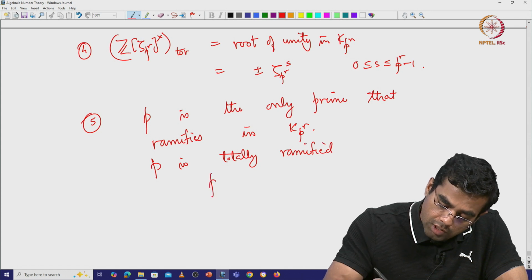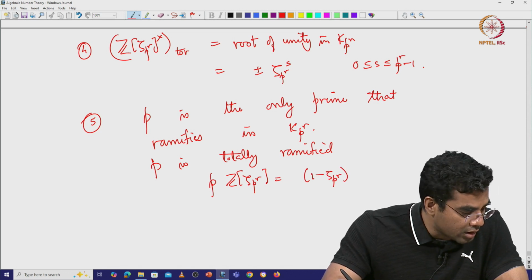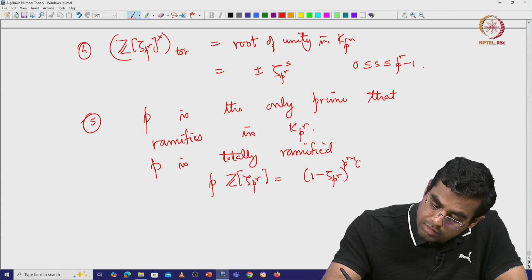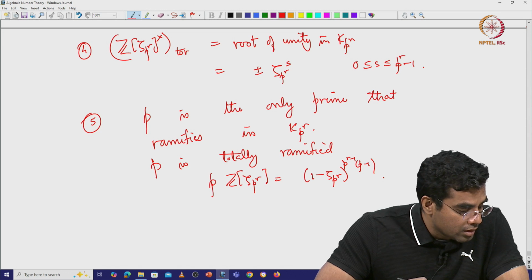So, if you take p Z[zeta_{p^r}], then this is (1 - zeta_{p^r}) to the power the degree, and the degree, remember, was this, right.